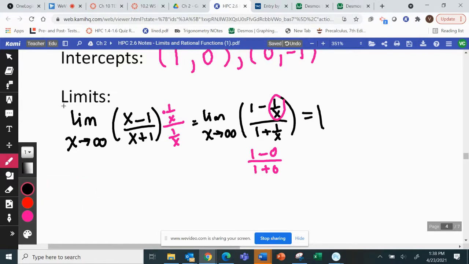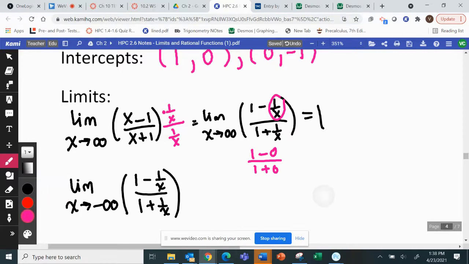And then we'll do the same thing for negative infinity. But I'm going to go ahead and use this one. For this one, if I plug in negative infinity into the little over big, it still equals 0.